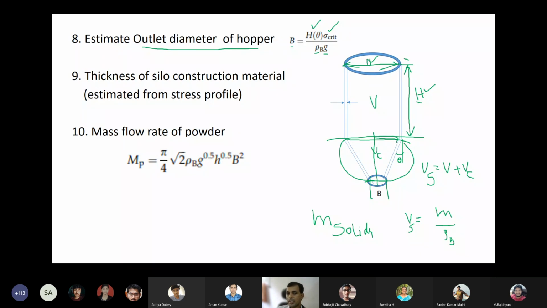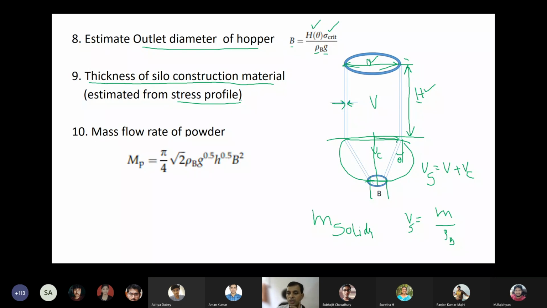Now the silo construction material should have a certain thickness, right? If you store large material, the thickness has to be larger. If you store less material, the thickness has to be less. But what is the actual thickness value? What is the thickness of the silo construction material? This will be estimated from the stress profile.